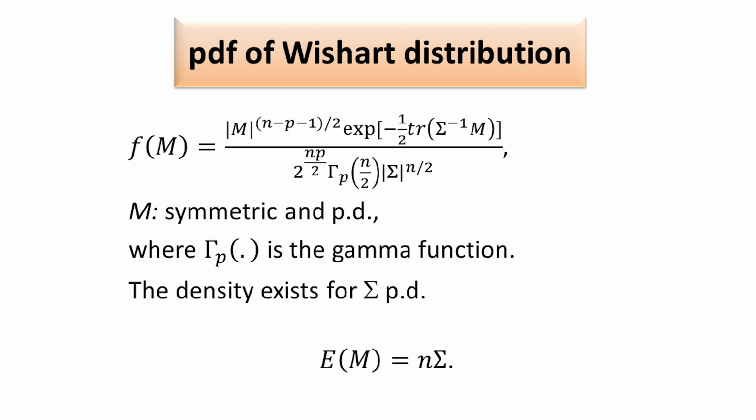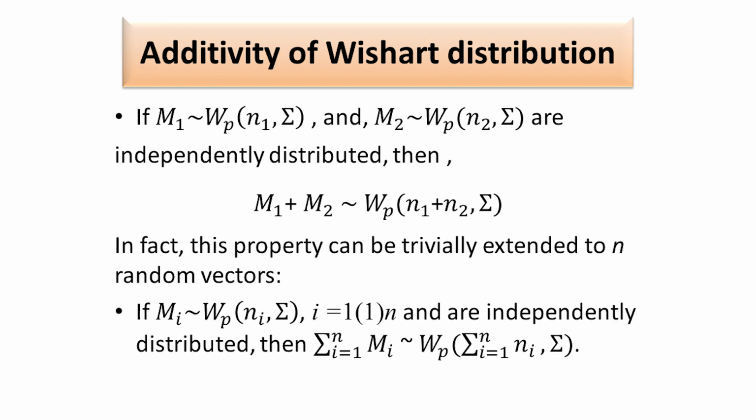Here gamma p is the multivariate gamma function. Now the expectation of M comes out to be n into sigma. This shows that if we take M by n, that is going to be an unbiased estimator of the dispersion matrix sigma. We shall now look at some important properties of the Wishart distribution.